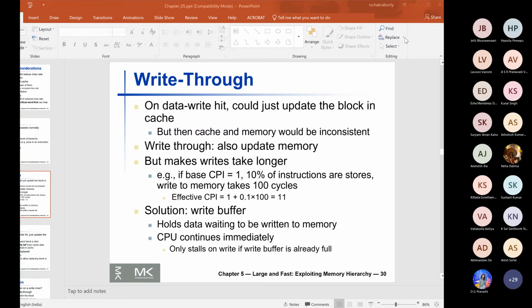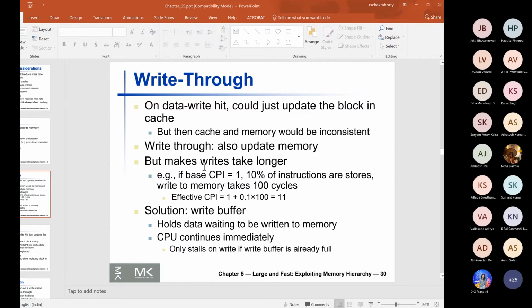You do not wait for the writing to memory to complete; you start executing other instructions and let that write to memory happen in the background, because anyway it is going to take hundreds of clock cycles. This is called a write buffer. That is a hardware mechanism that is implemented.